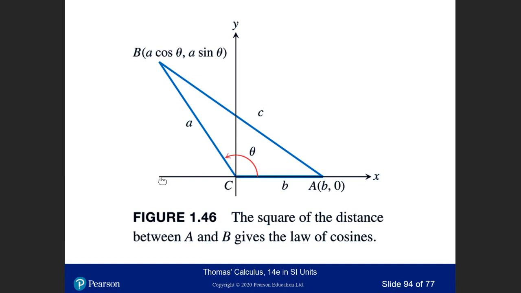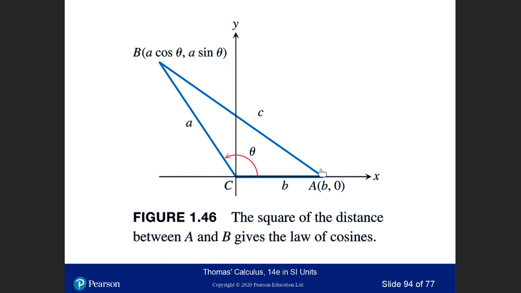So in order to find this, on the x-axis, we draw a perpendicular from B to the x-axis, and the square of the length from this point to A will be a cosine theta minus b squared.